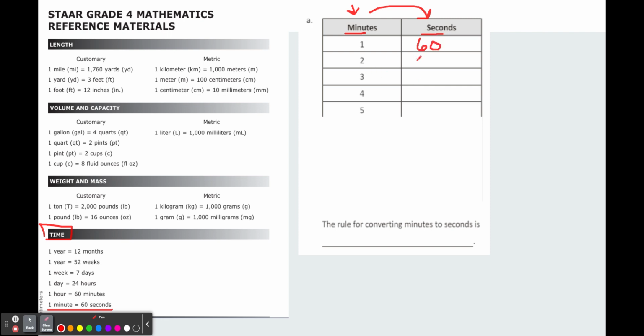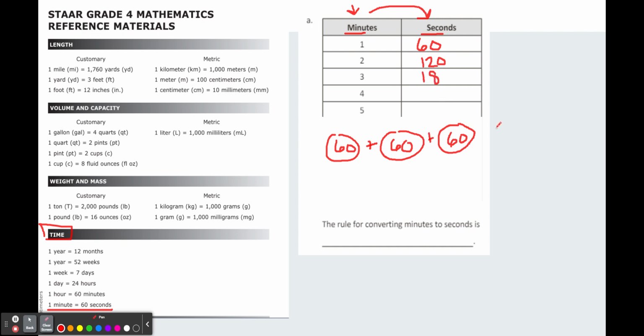So if I have 2 minutes, how many seconds is that going to be? Each of these circles is going to represent 1 minute. In each of those circles, I have 60 seconds. So if I add 60 and 60, that's going to give me 120 seconds. Now, if I have 3 minutes, I can add another 60, which will give me 180.